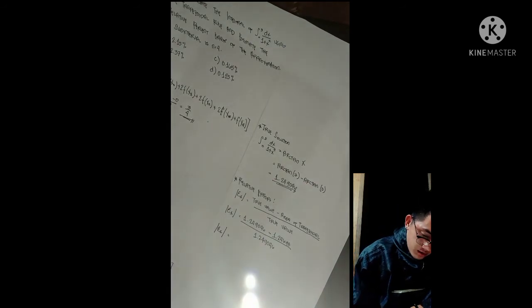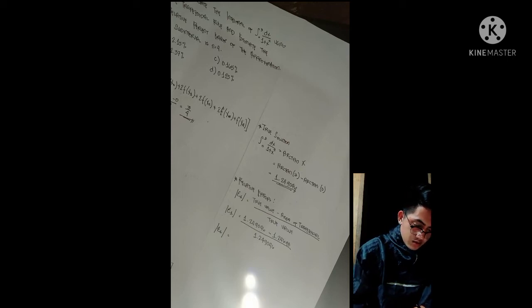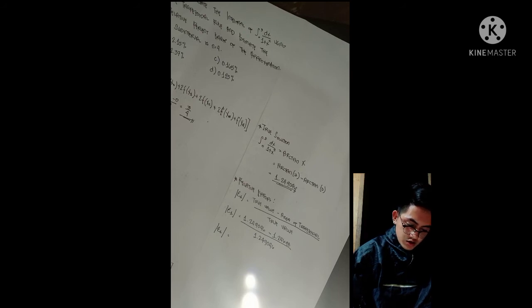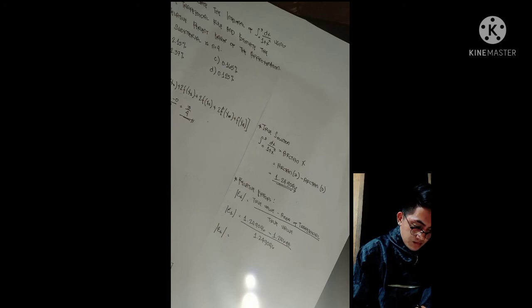So our relative percent error is 1.249046 minus 1.24698, all over 1.249046, times 100.